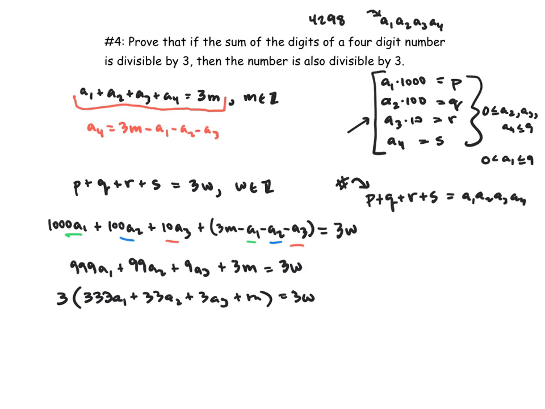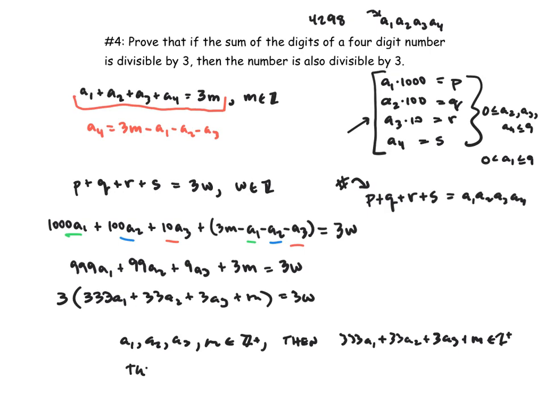Now, since I know that A1, A2, A3, and m are in the positive integers, then 333 A1 plus 33 A2 plus 3A3 plus m is in the positive integers.